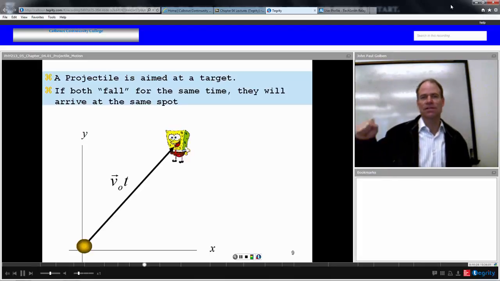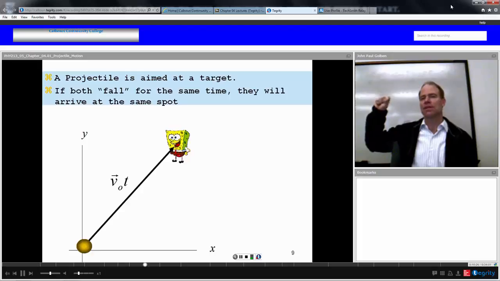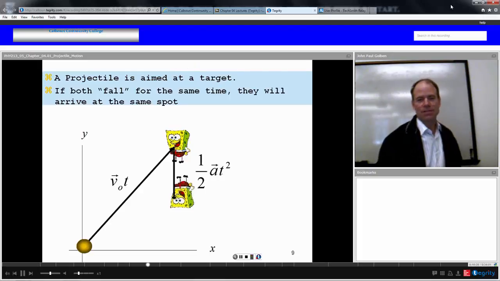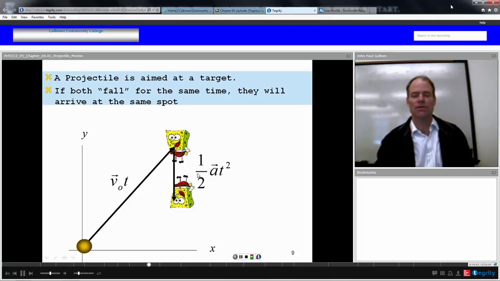So he's going to decide simultaneously that he's going to let go and fall as soon as you shoot this projectile. And he's going to laugh, that irritating laugh, as he's falling because he's thinking he's going to get missed. So he's going to fall, and he'll go through some displacement in his fall of 1/2 at squared.